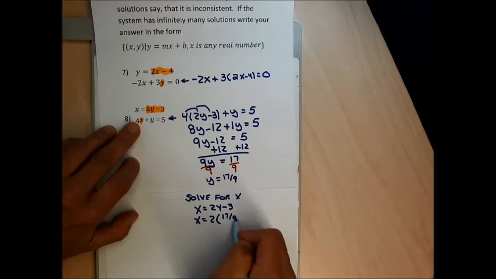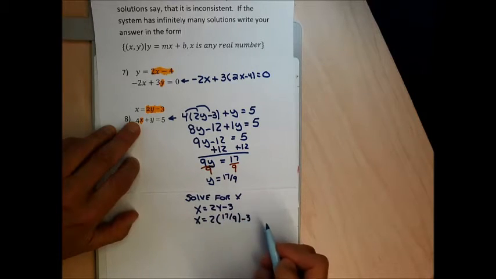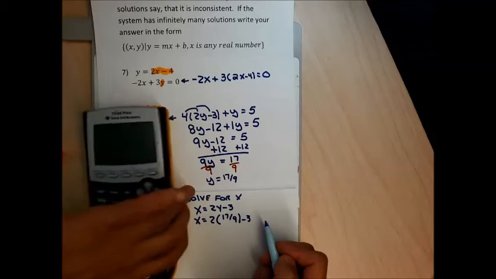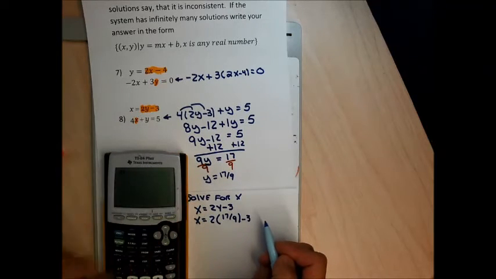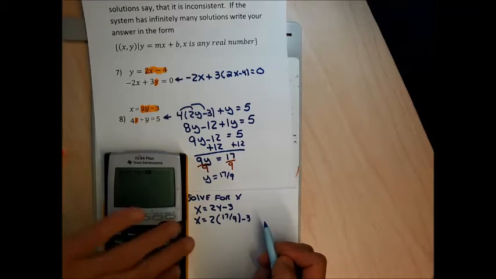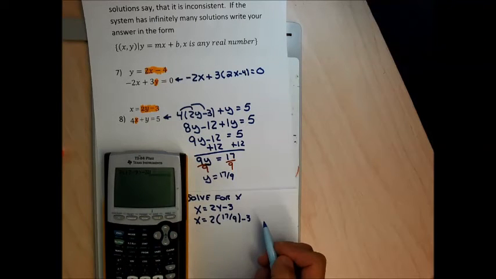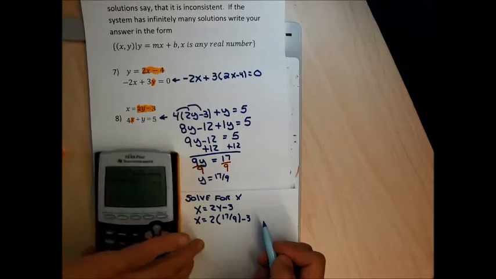9 for y. I certainly don't want to do this by hand, so I'm going to pull my calculator out, clear all my mistakes out of there, and go 2 times 17 divided by 9 minus 3, get a decimal, and then math and enter twice to get a fraction.